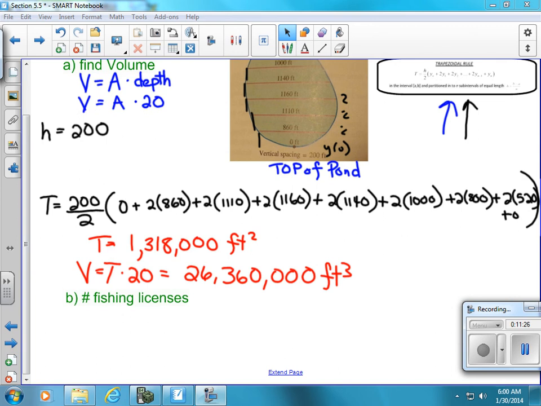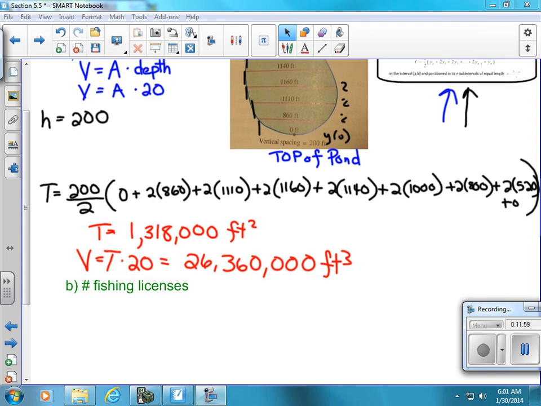The second part of this question asks, you plan to start the season with 1 fish per 1,000 cubic feet. You intend to have at least 25% of the opening fish population left at the end of the season. What's the maximum number of licenses the town can sell if the average seasonal catch is 20 fish per license? This is a good typical AP type question too, makes you think.